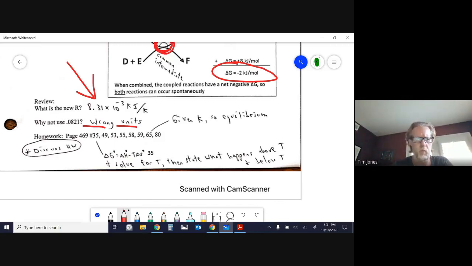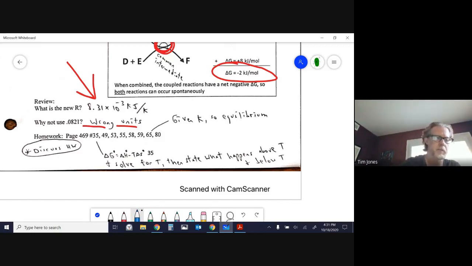In the homework, I have a couple of notes here, so make sure you pay attention to this when you do the homework. I think something that happens right now that can be challenging is we have so many different ways of solving for delta H, you can get confused.